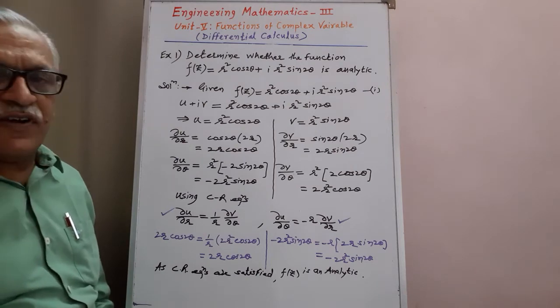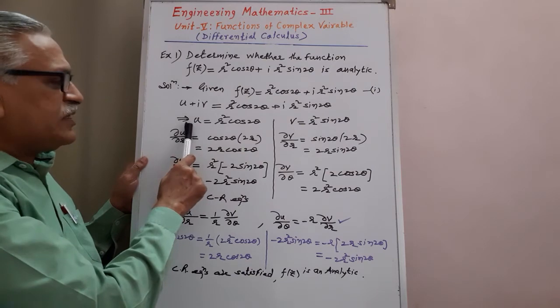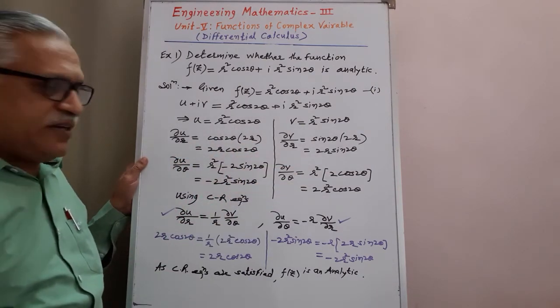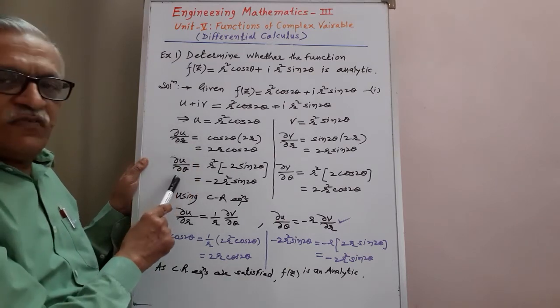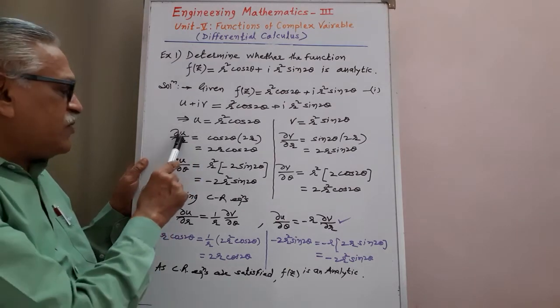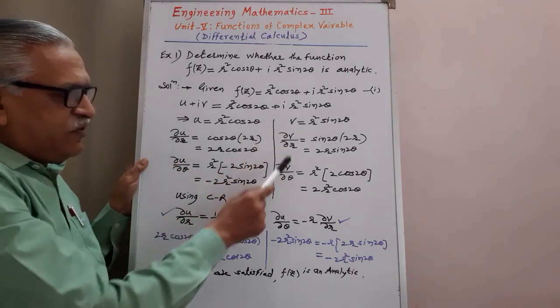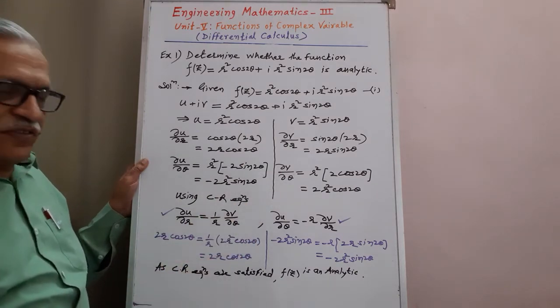In short, once again I will repeat the steps. First step, we have to obtain the values of u and v by separating it into real and imaginary part. Then differentiate that u with respect to r and with respect to theta, obtain dou u by dou r and dou u by dou theta. Differentiate v with respect to r and v with respect to theta, and then check the CR equation.